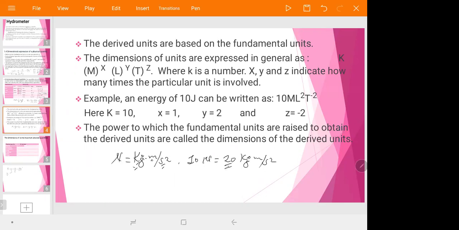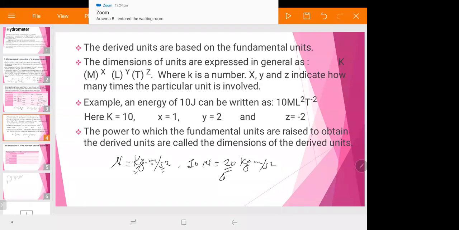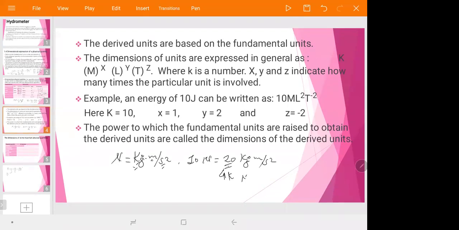For example, in this one, k is 10, M is kilogram, L is meter, T is second, and x is equal to 1, y is equal to 1, z is equal to -2.